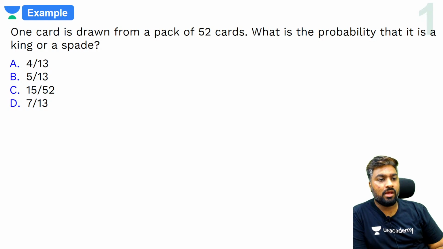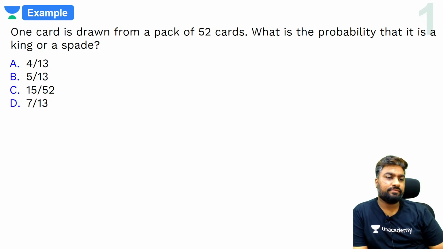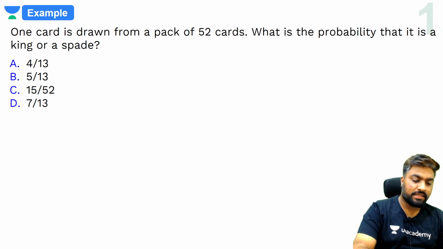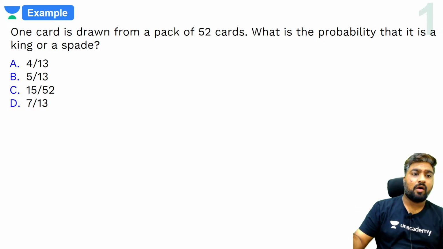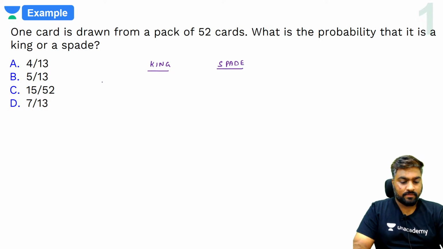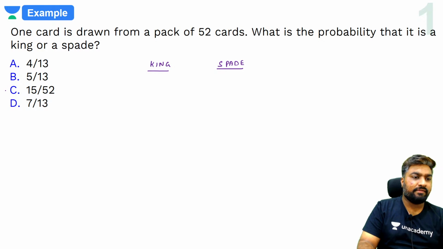Yeah, go ahead, quickly try this. What is the probability that it is a king or a spade? Meher says C, 15 by 52, okay.